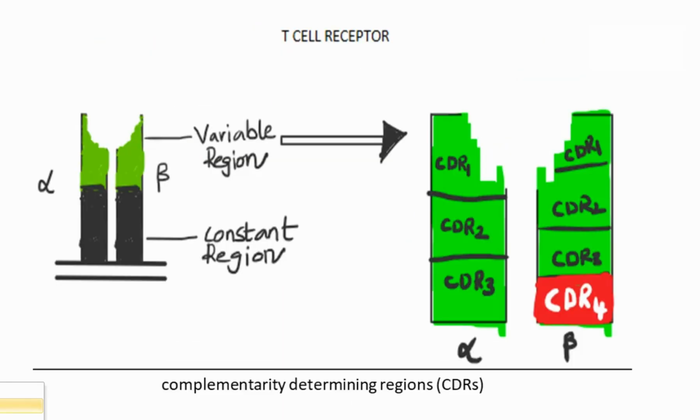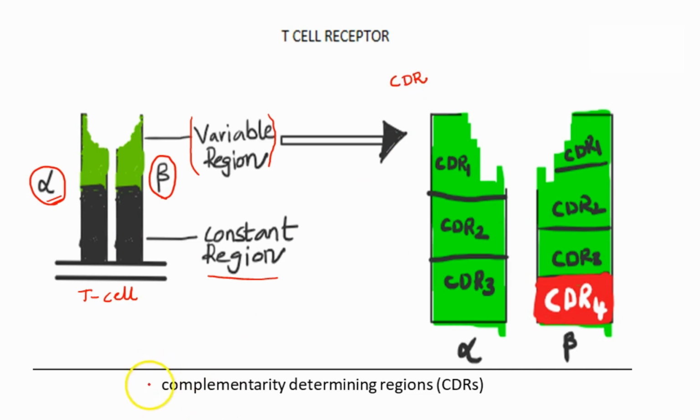When it comes to the T cell receptor, it is bound to the T cell. This part is the T cell, and you can see it has the variable region, which is towards the antigen binding site, and the constant region, which is towards the T cell surface. It has alpha and beta chains. If you go into the more microscopic structure of these alpha and beta heterodimer chains, you will find the complementarity determining regions.